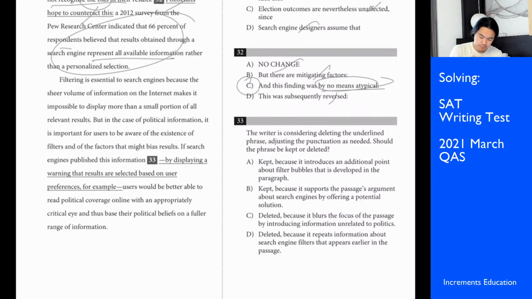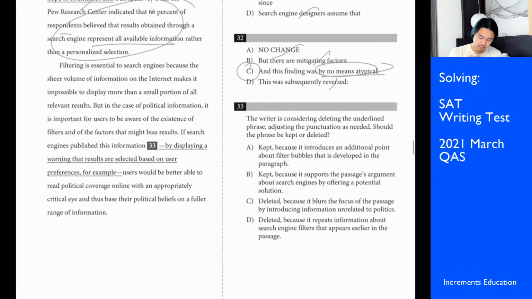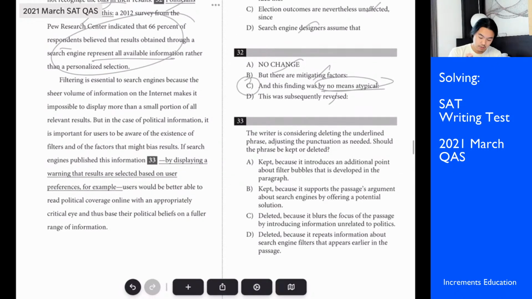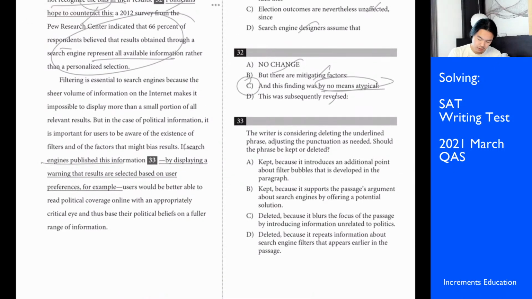Filtering is essential. Oh, I just zoned out. Okay. If search engines publish this information, users will be better able to, right.